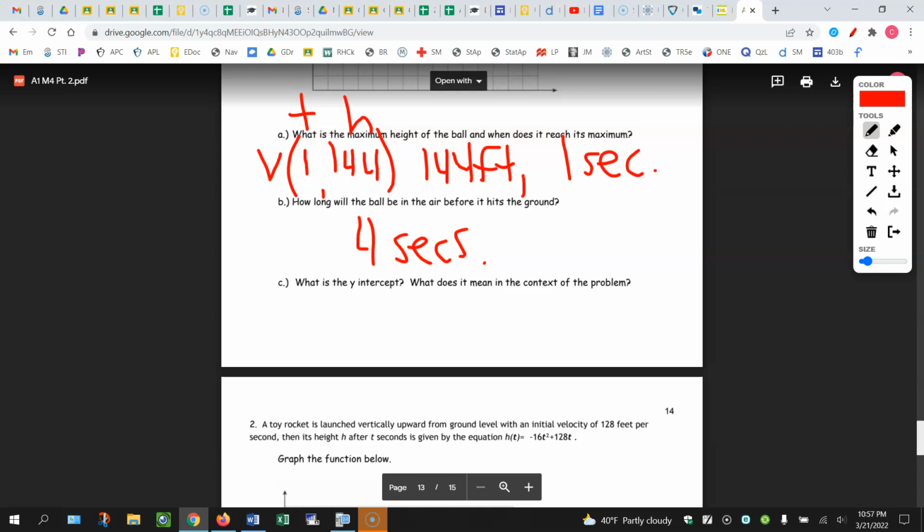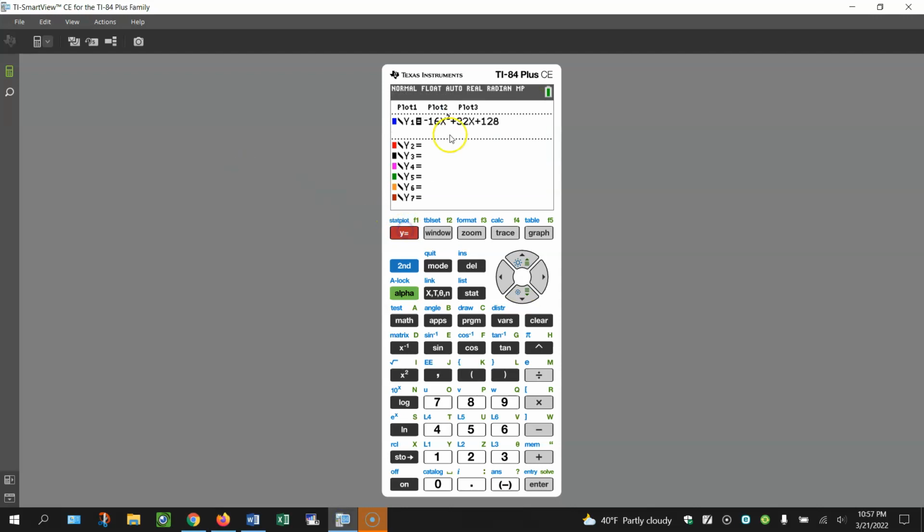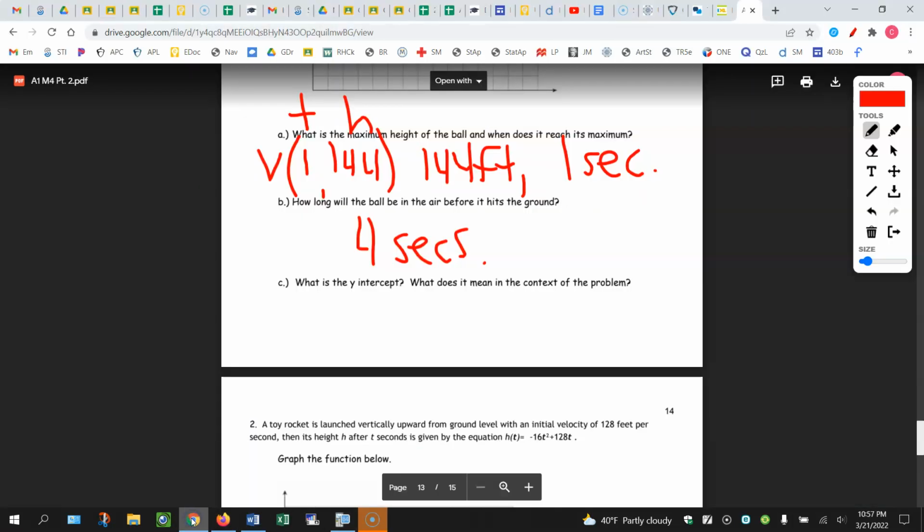What is the y-intercept? We looked at that before. That is just going back to your equation. It's this number here without any x's. So your y-intercept is 128, or 0, 128. So this is time, this is height.